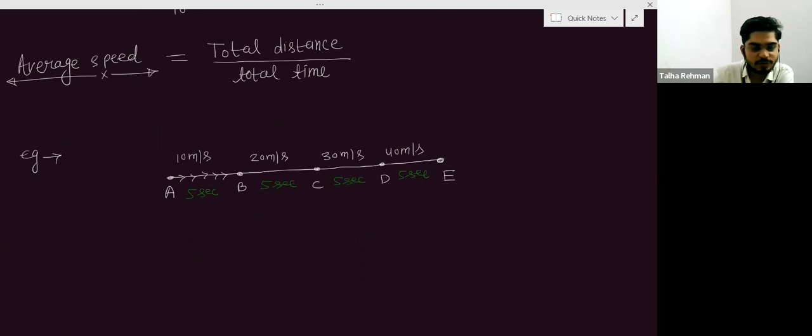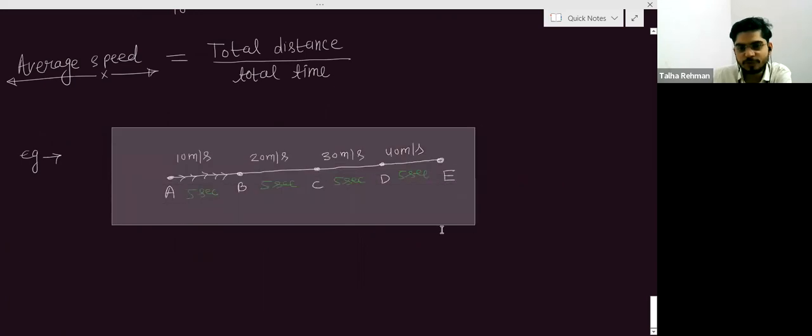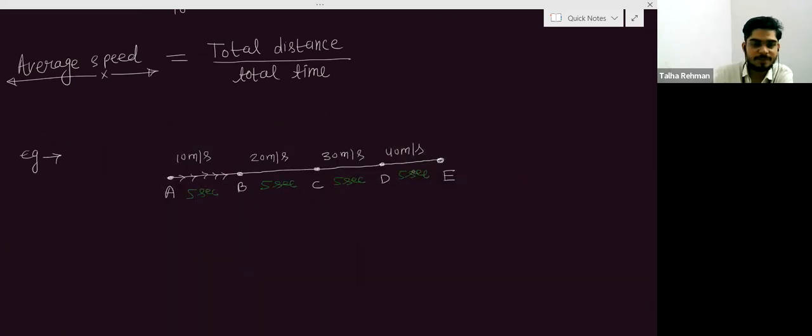Now I want to calculate the average speed for the motion from point A to point E. What is the formula of the average speed?